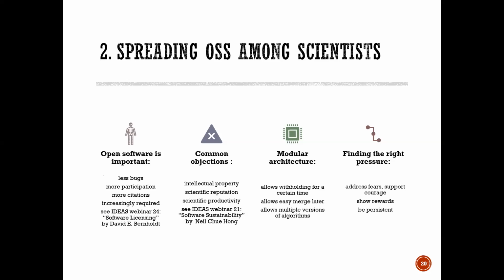The third one is scientific productivity, which essentially says, I have to spend a lot of time to make my software usable for other people. Why should I spend that time? And there are a few other objections, and they are listed, for example, in the Ideas Webinar 21, Software Sustainability.